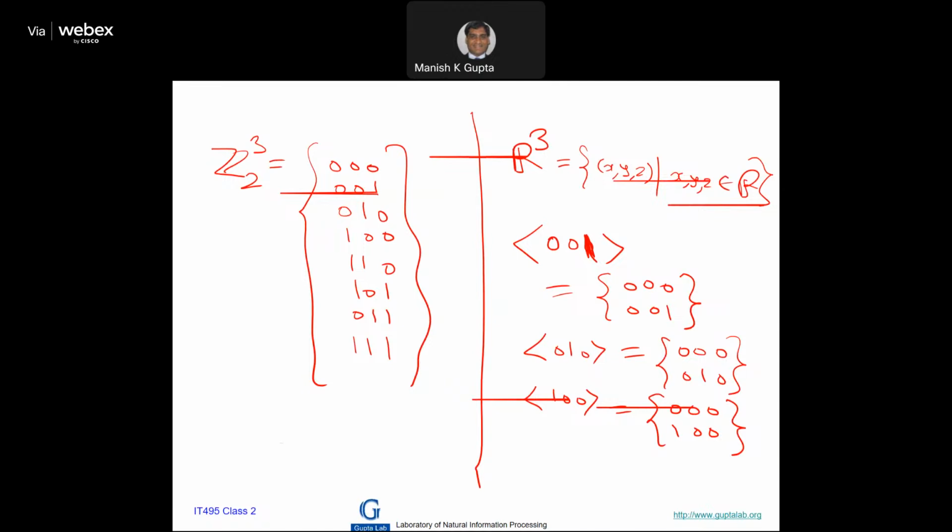Why? Because the generator matrix has only one element, right? The basis has only one element, which is 1, 1, 1. If I take 1, 1, 1, I can generate all of this like this.